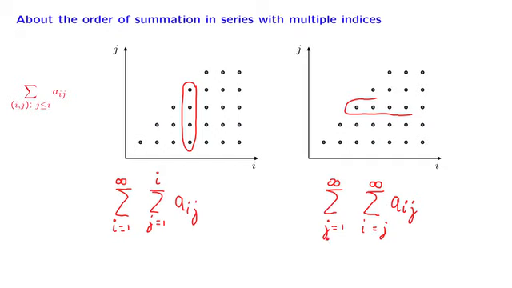So these are two different ways that we can evaluate this series associated with a double sequence. We can either add over all j's first and then over i's, or we can sum over all i's first and then over all j's.